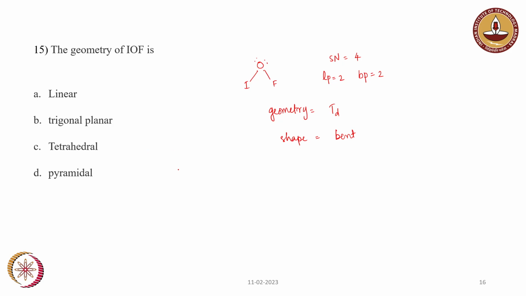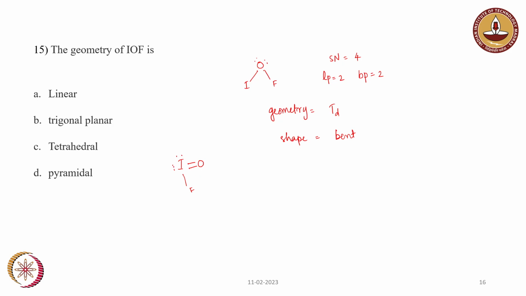If we put iodine as the center, so I think we'll get a similar geometry. So iodine has 7 valence electrons, and it will form one bond with one of the fluorine and two bonds with oxygen.